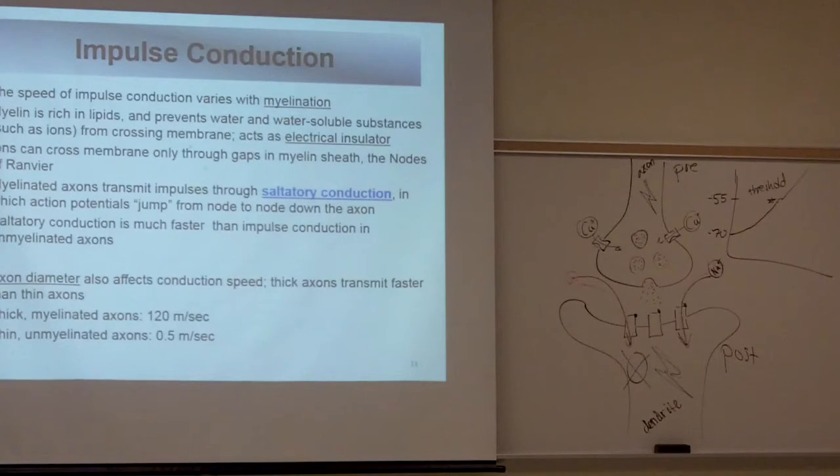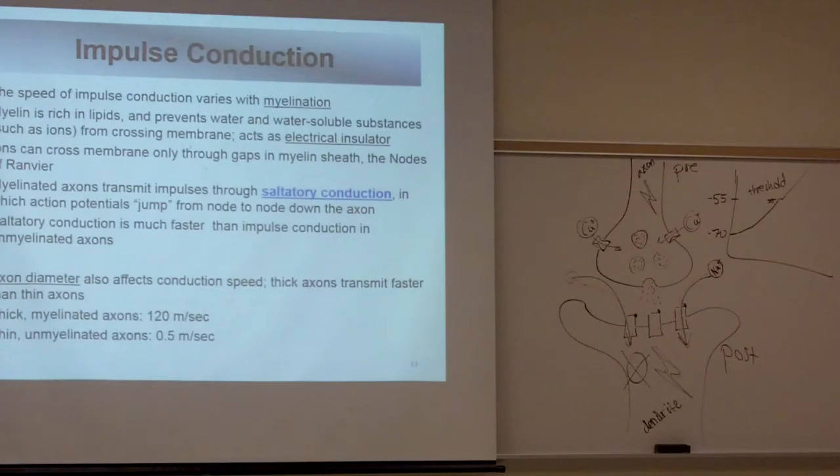When we talk about impulses, we have to talk about speed of travel. So myelinated axons travel really, really, really fast. Impulses through myelinated axons travel 120 meters per second, about as fast as you drive your car, faster, hopefully. Thin unmyelinated axons travel at 0.5 meters per second, which is really slow.